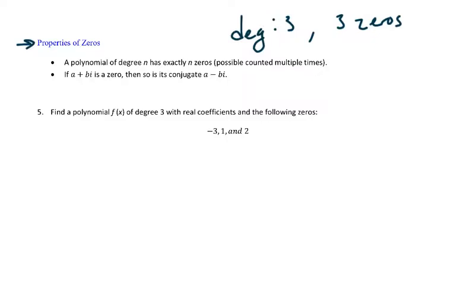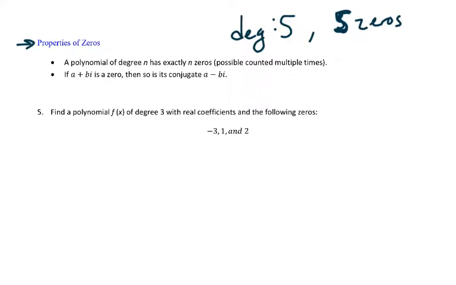That is definitely possible. It could have 1 real zero or 1 rational zero and 2 imaginary zeros. So there's different things that are possible for your zeros. If I have a degree 5 polynomial, I would have 5 zeros, and that could be a mix of rational, irrational, and imaginary.